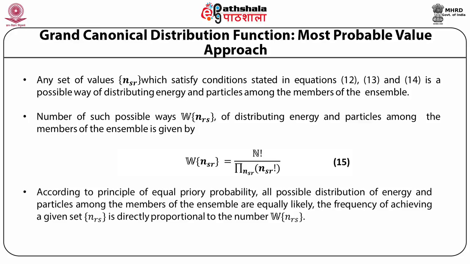According to the principle of equal a priori probability, all possible distributions of energy and particles among the members of the ensemble are equally likely. The frequency of achieving a given set N_SR is directly proportional to the number W of the set N_SR.